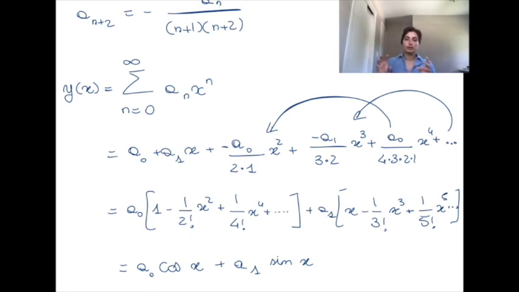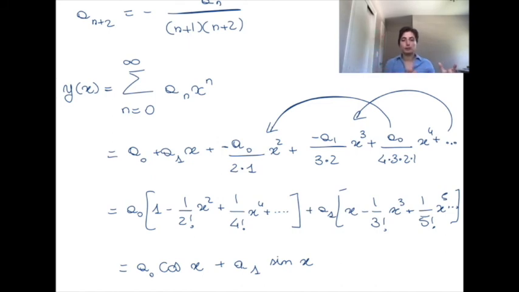If we keep going, we keep noticing that the coefficients of the odd powers only depend on the previous coefficient of the odd power, and the coefficients of the even power only depend on the previous coefficient of the even power. So let's split those two. Only the even powers first, and only the odd powers second.